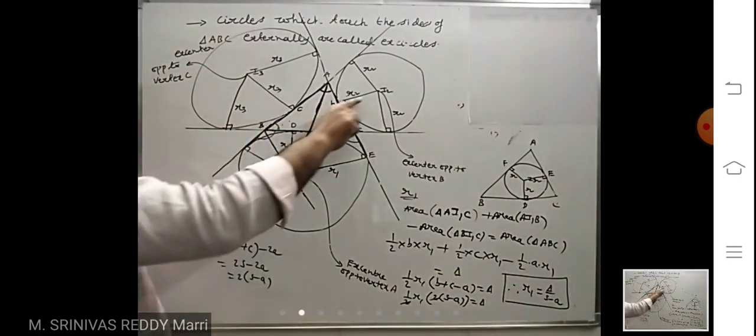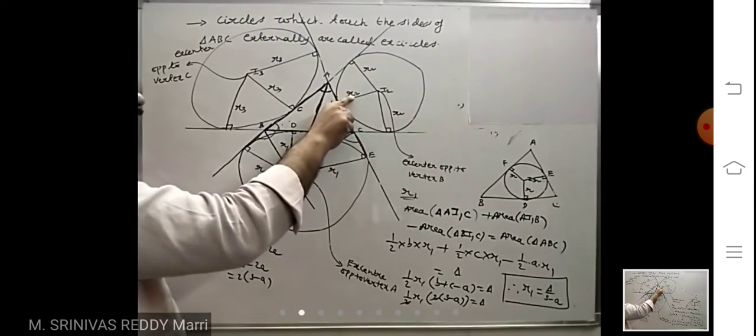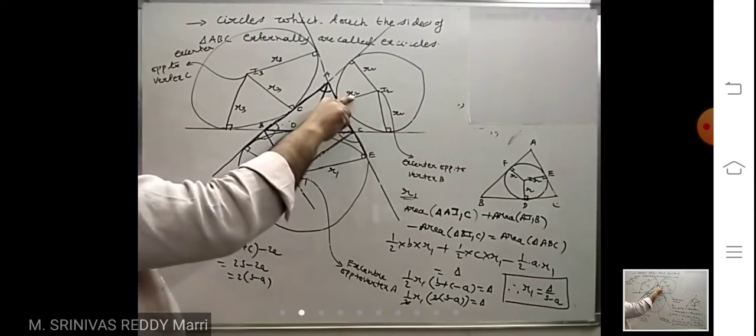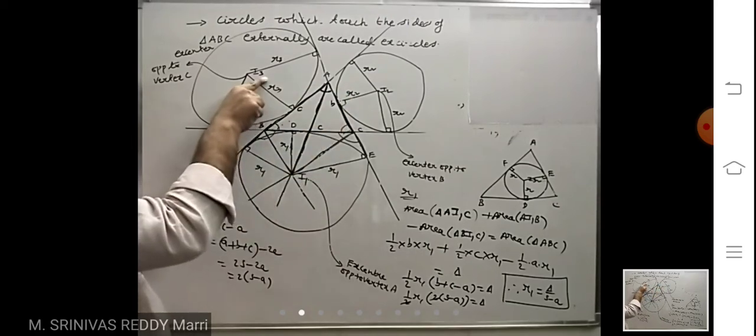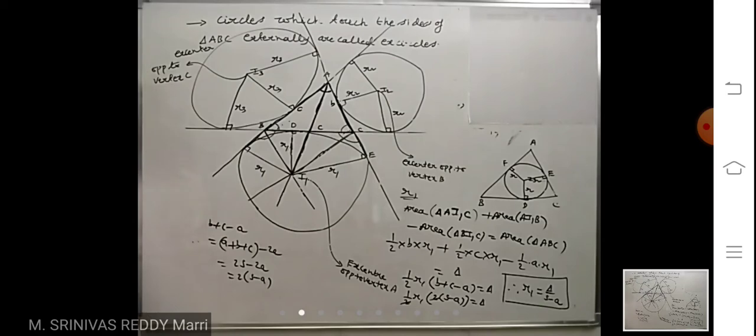For the circle opposite to vertex B, similarly you get R2 equals delta by (s minus b). Similarly for the circle opposite to vertex C, the radius is delta by (s minus c).